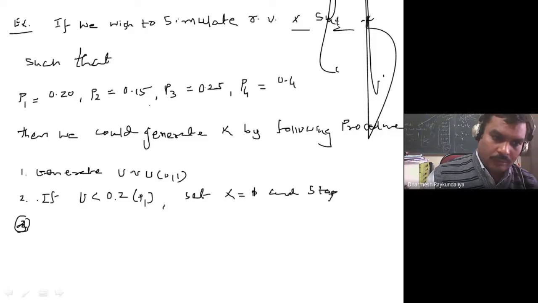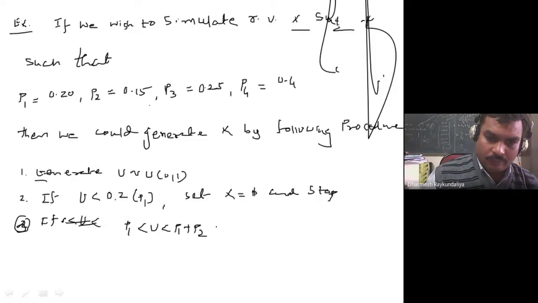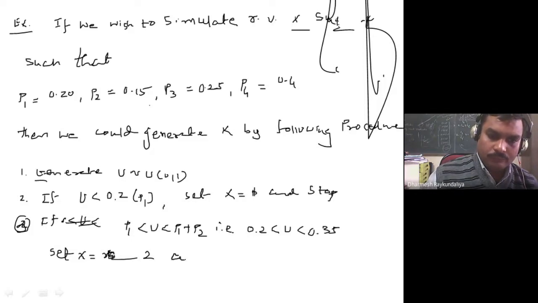Third step, again you have to generate a random number. Okay, generate only once. If the generated random number is greater than 0.2, then what is our formula? p1 less than u less than p1 plus p2. What is the p1? That is 0.2 less than u less than 0.2 plus 0.15, which is 0.35. Set x equal to x2, or x equal to 2, and stop.